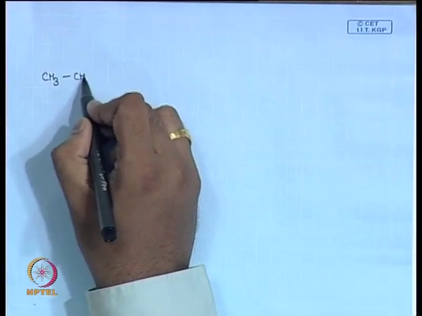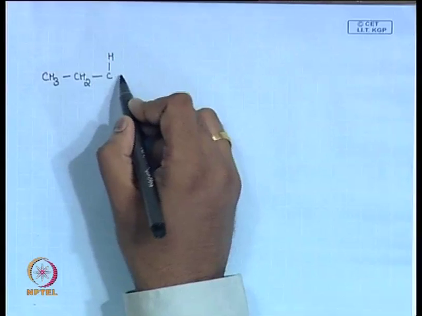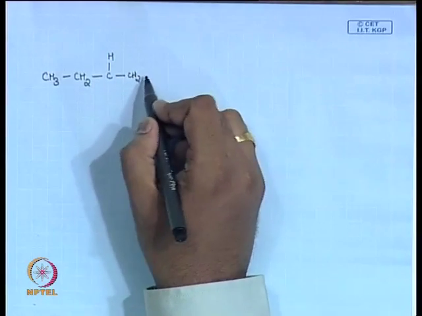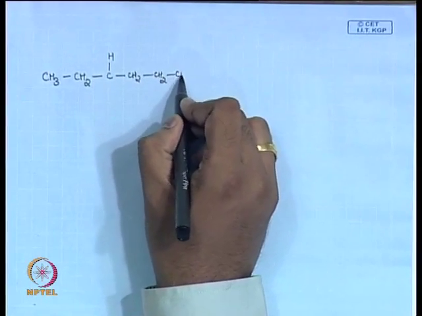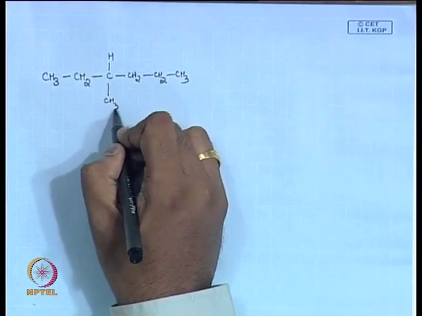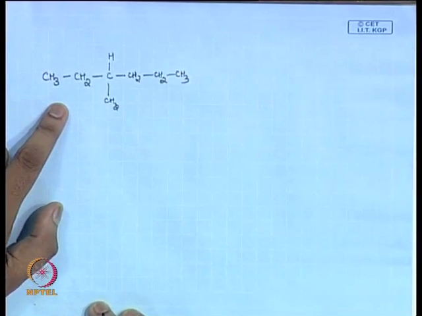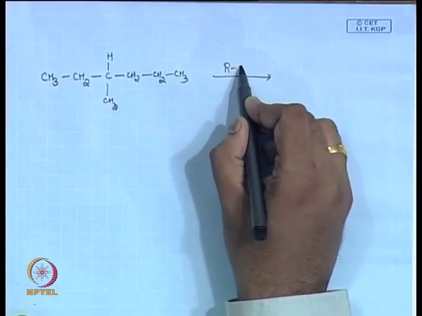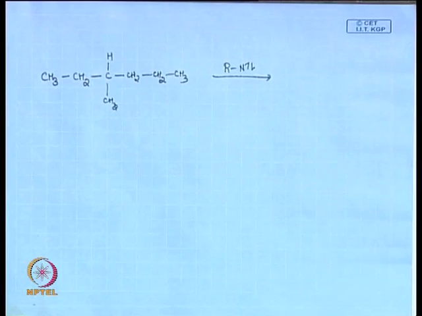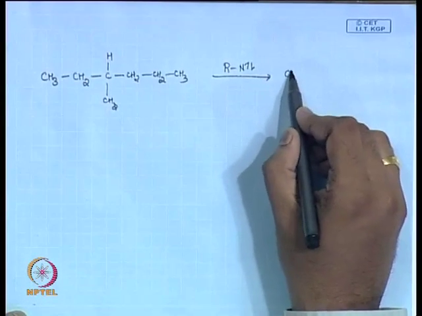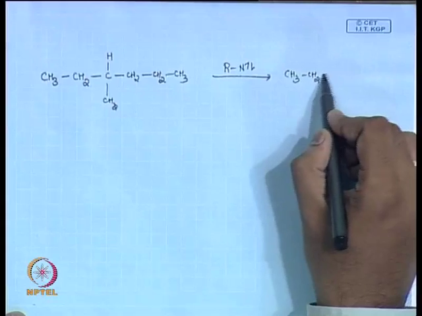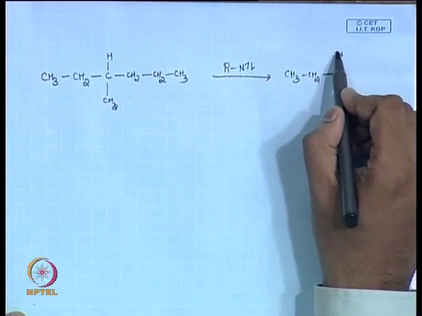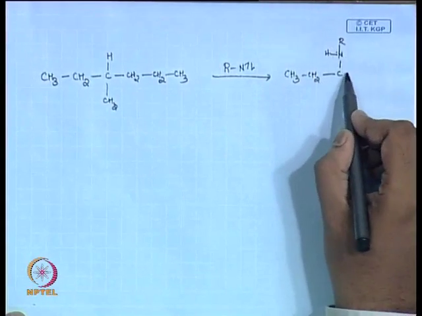Another thing you should know in the insertion, particularly with nitrene, which you can see in carbene also. Take a chiral carbon, and it does this. You know that it goes only to the 3 degree one.